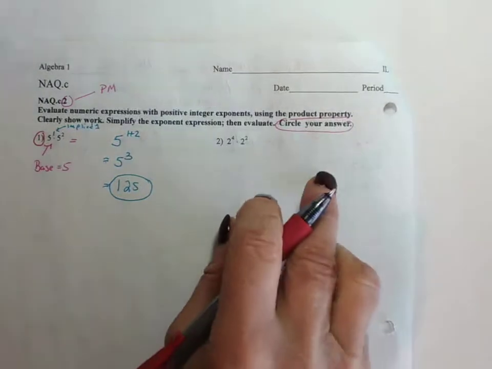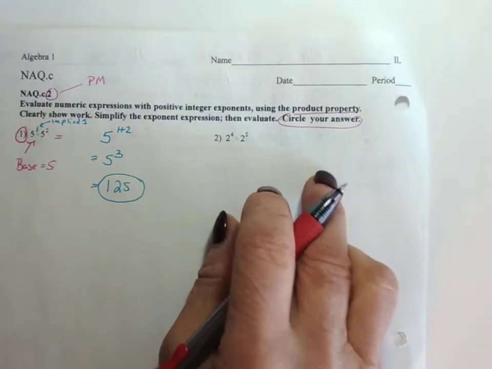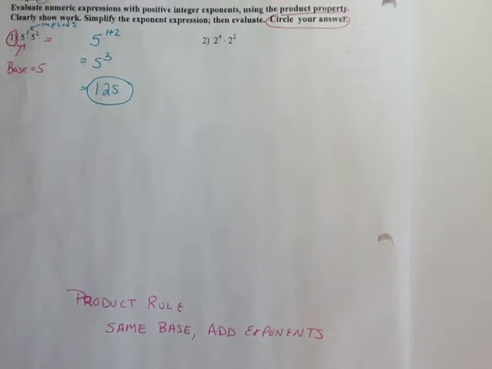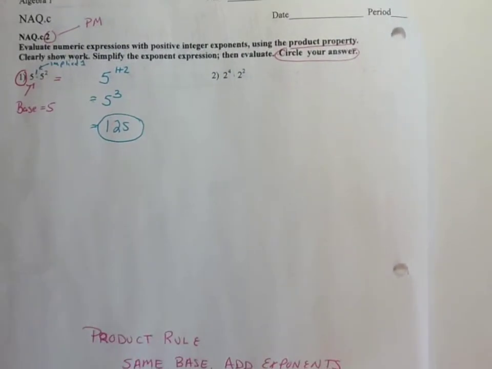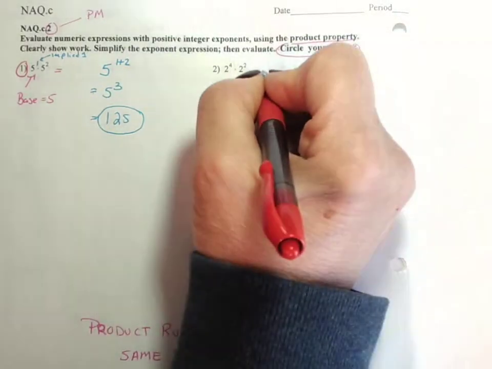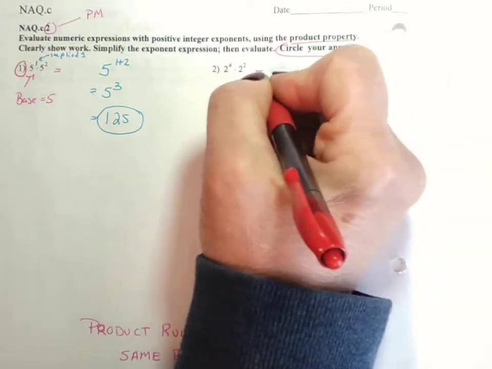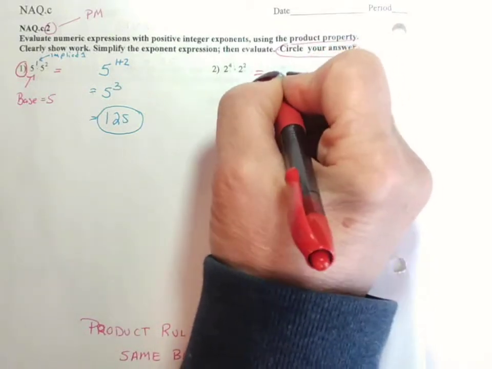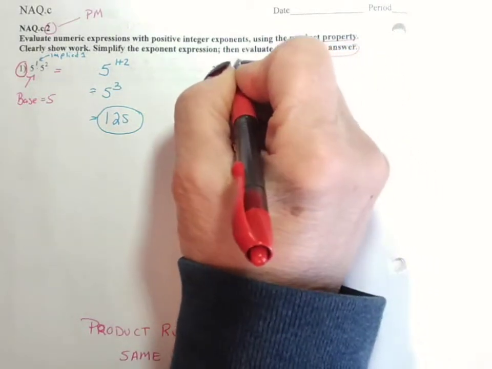For the partially meets, remember this is the product rule, same base, add exponents. So here we have, don't forget your equal signs and making it so that it's clear to follow your work. We have to add these exponents.